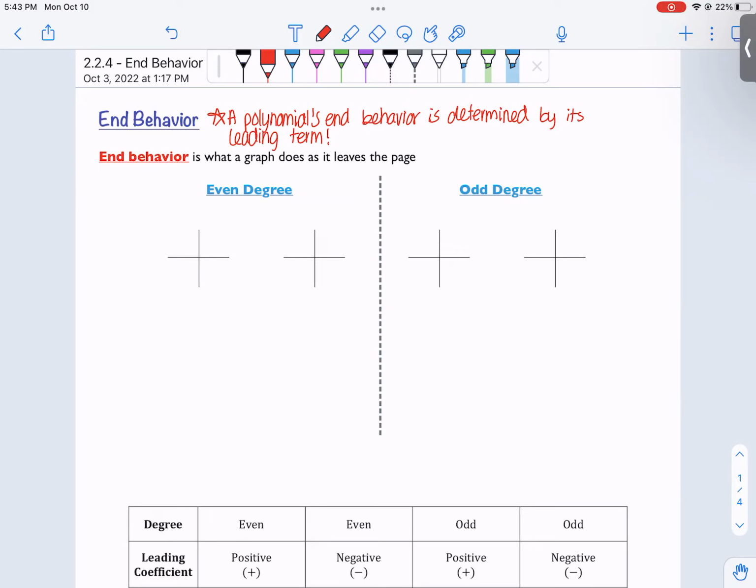So depending on whether the leading term has an even degree or an odd degree, and then whether the leading coefficient is positive or negative, will determine the shape of our graph.